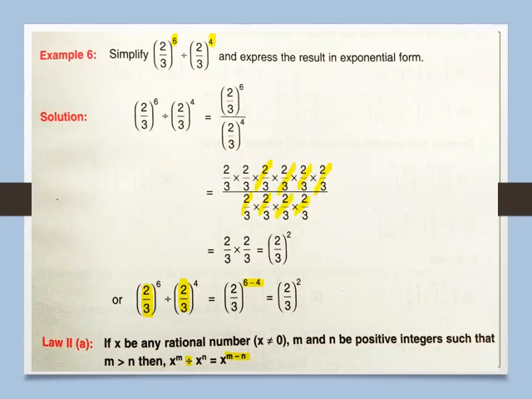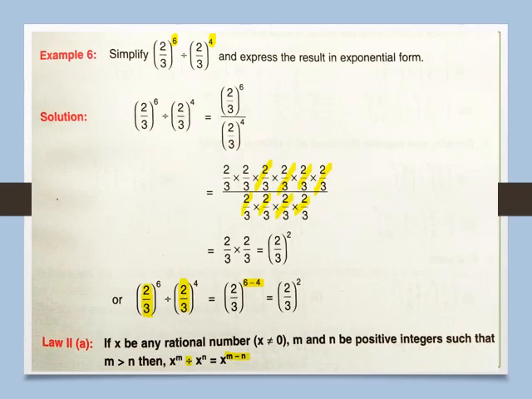See the same example, but now rational numbers are there. Here the powers are 6 and 4. The base is the same, that is 2 by 3. So if you do it again, you have to cross 4 times, because the denominator contains four 2 by 3s. So the four 2 by 3s get cancelled with the numerator's four 2 by 3s. Then only 2 by 3 into 2 by 3 is left, that is 2 upon 3 whole square.